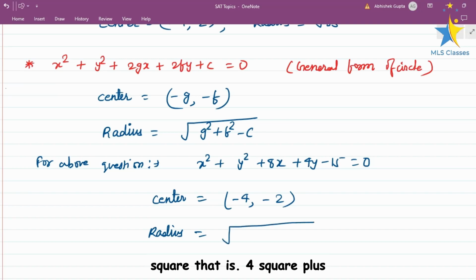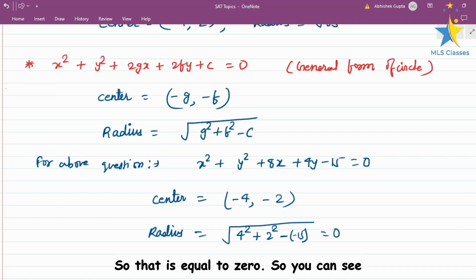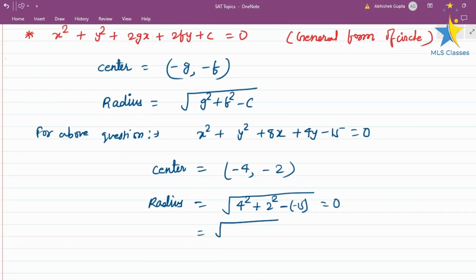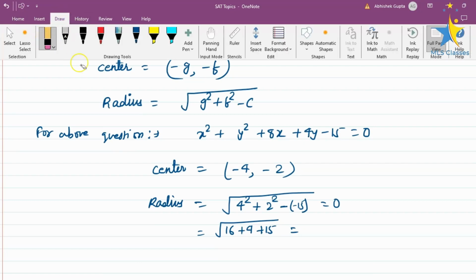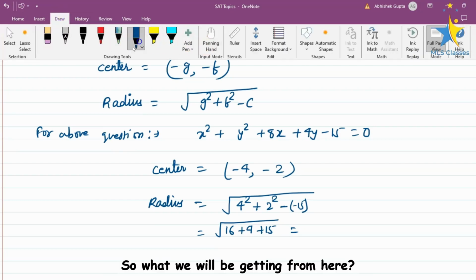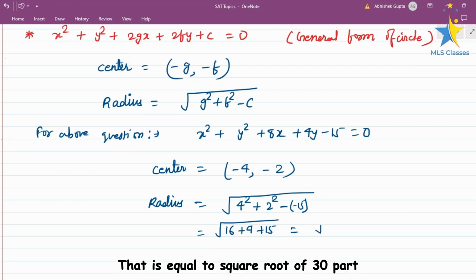Then the radius is square root of g square, that is 4 square, plus f square, that is 2 square, minus c, which is minus 15. From here we get 16 plus 4 plus 15, and that is equal to, sorry, not equal to 0, it will not be equal to 0 here. So we get the square root of 35.